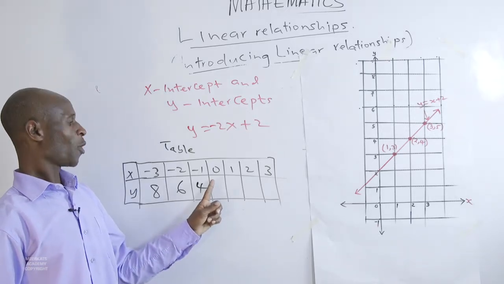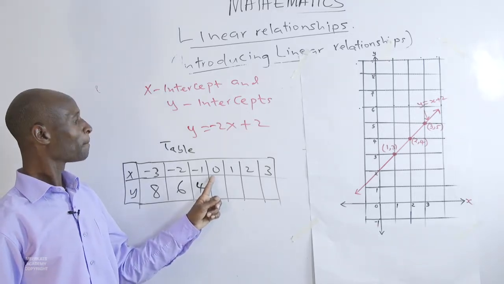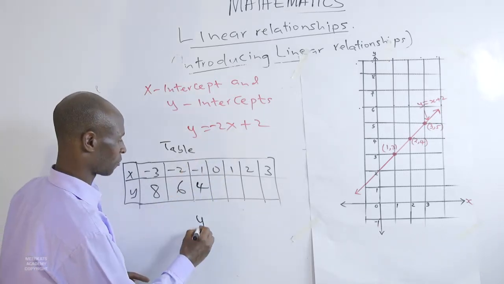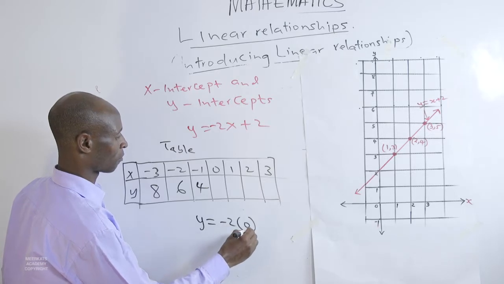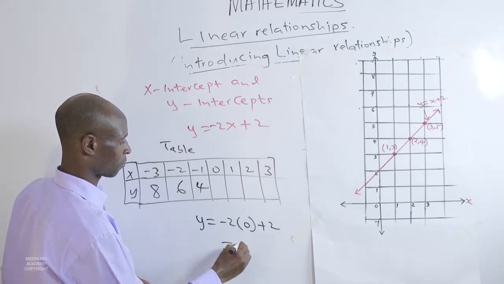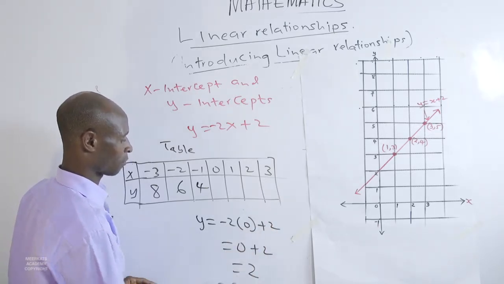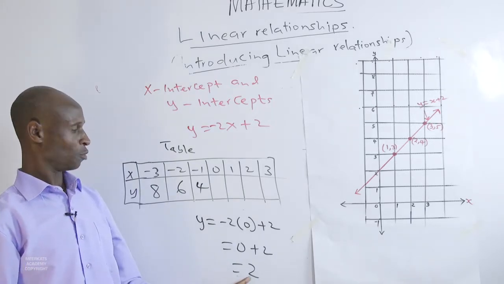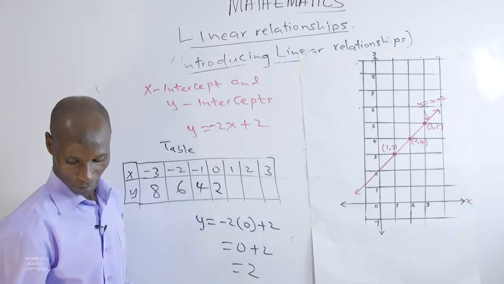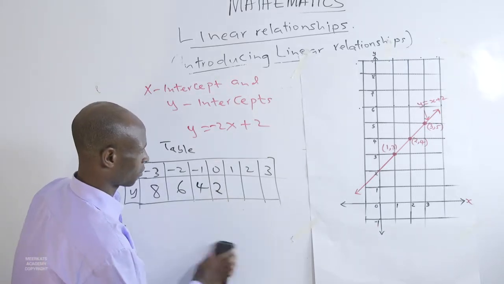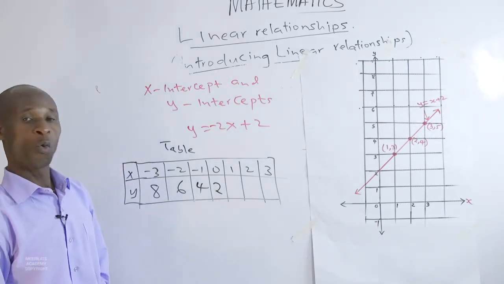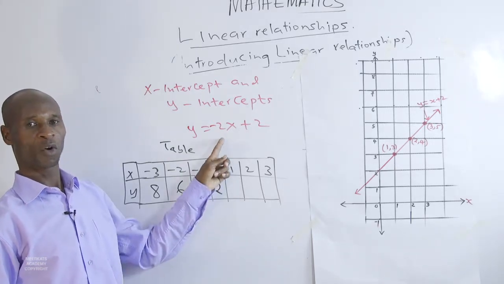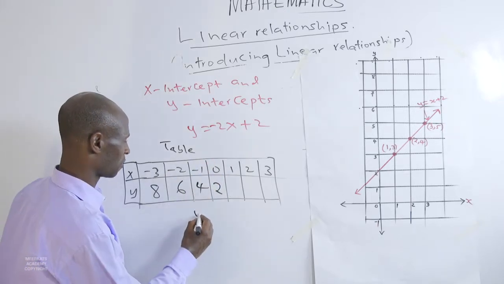Do the same when x value is 0. So where there is x, we put there a 0. That leaves us with the y value being 2. We proceed when the x value is 1 and get the corresponding y value.